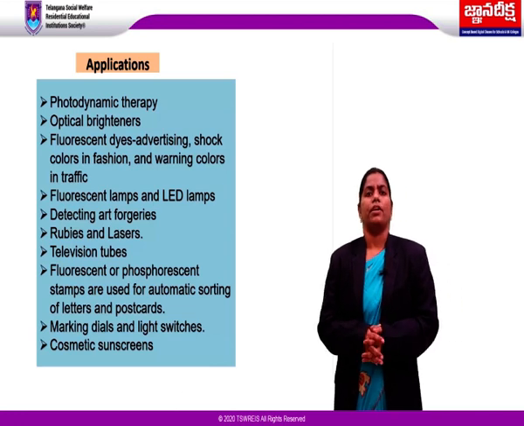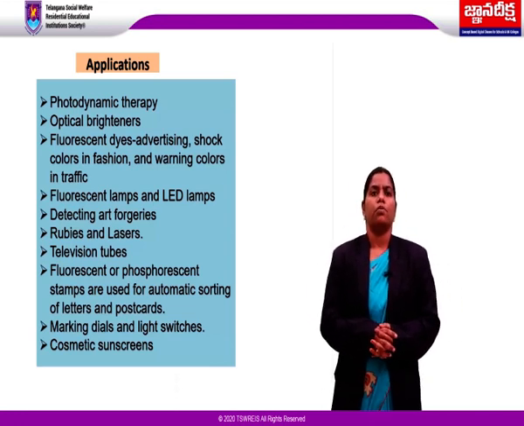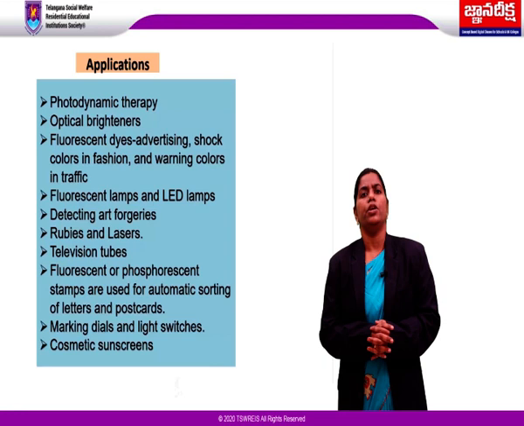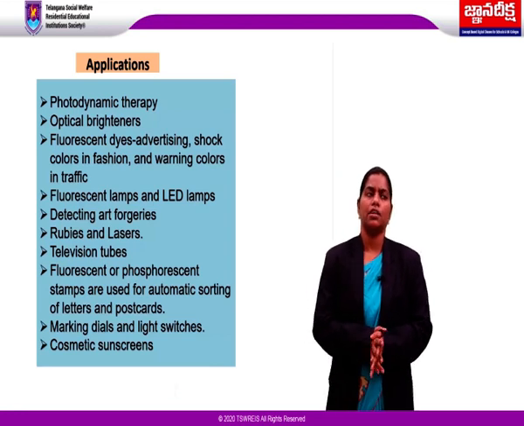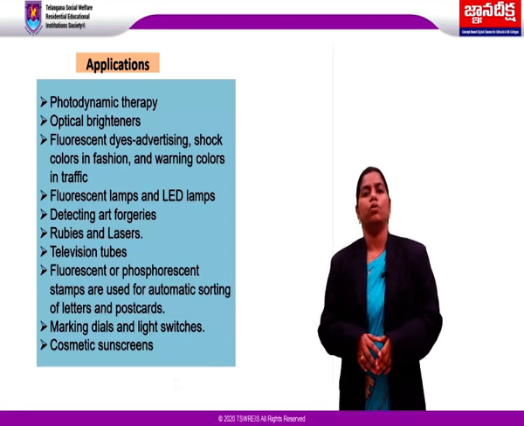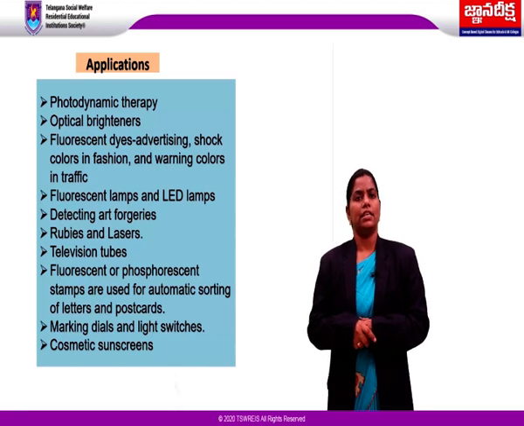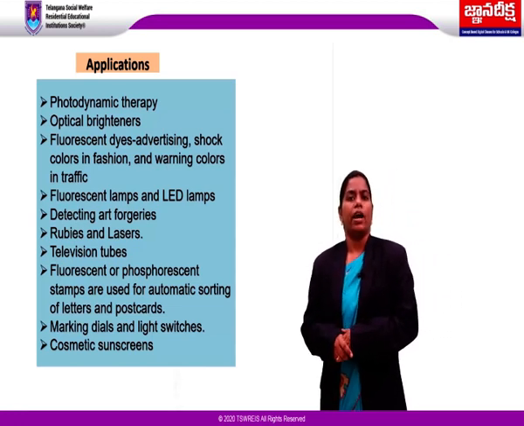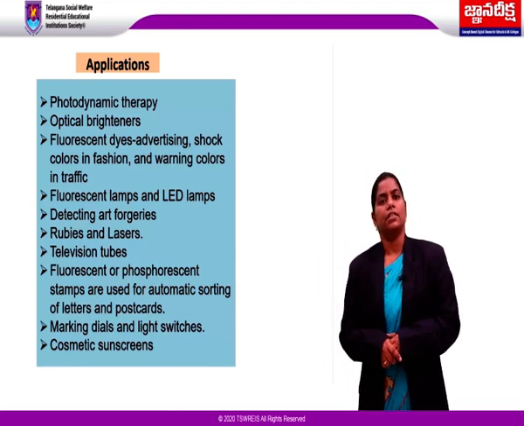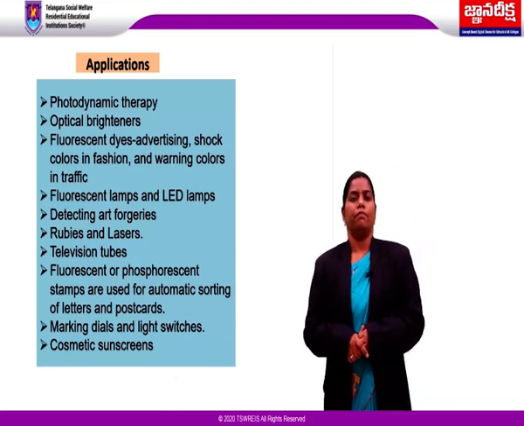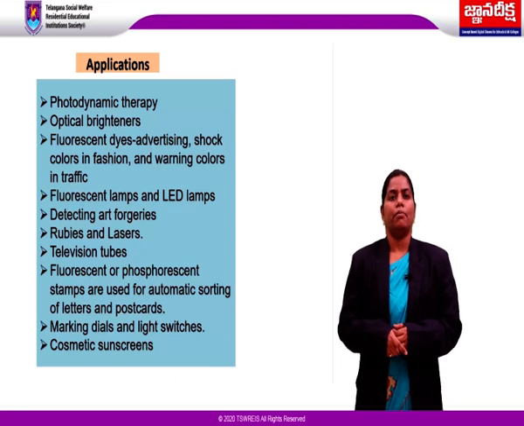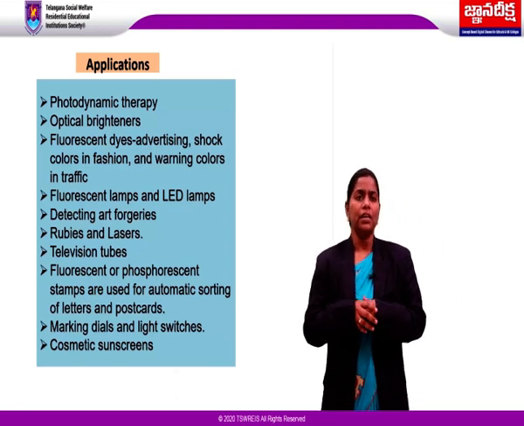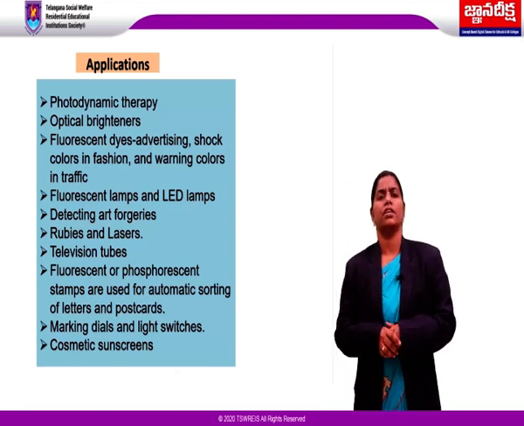Coming to optical brighteners, these are fluorescent compounds which absorb invisible UV radiation and transform it into visible blue fluorescent light. This is how optical brighteners work, and they are designed to brighten the color in paints, films, plastics, and fibers, which gives them a fresher look. Coming to the third application, fluorescent dyes.